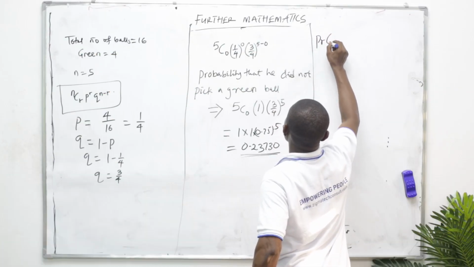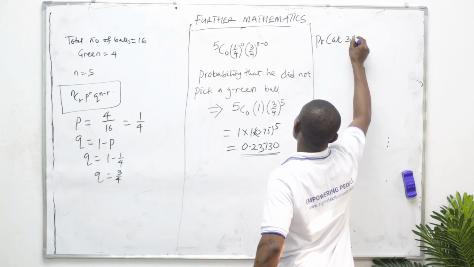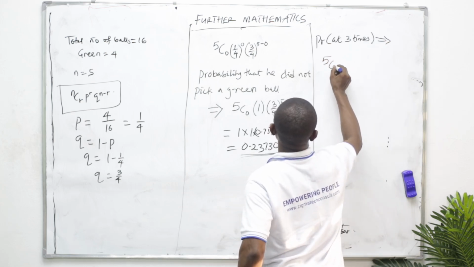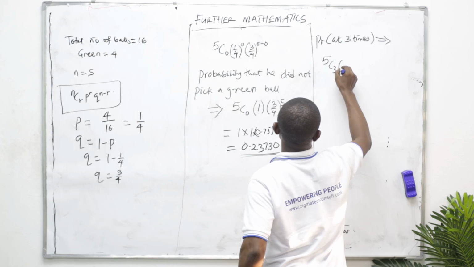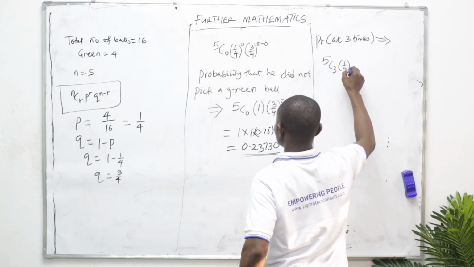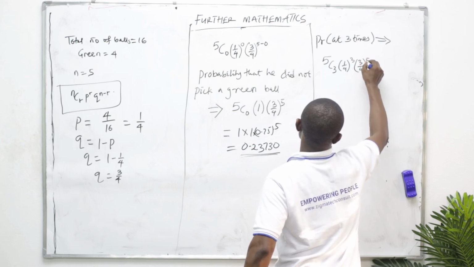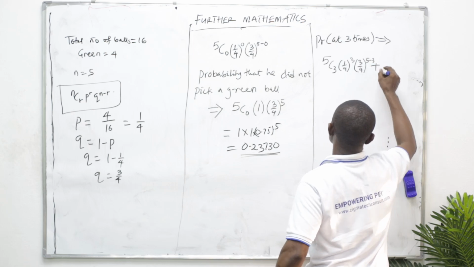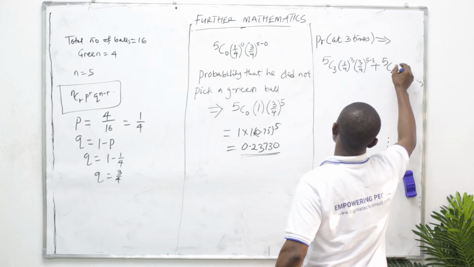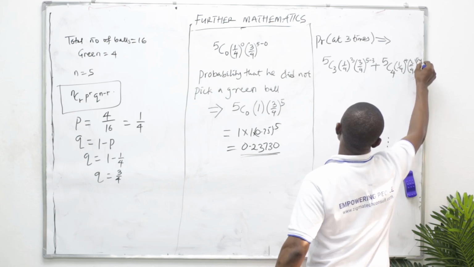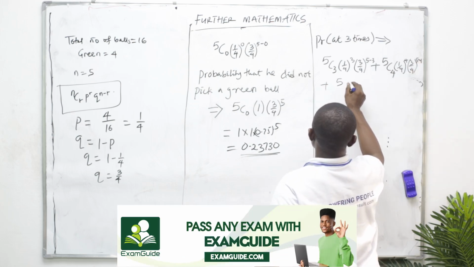So the probability of at least 3 times implies 5 combination 3 into 1/4 raised to power 3 into 3/4 power 5 minus 3, plus 5 combination 4 into 1/4 power 4 into 3/4 power 5 minus 4, plus 5 combination 5.